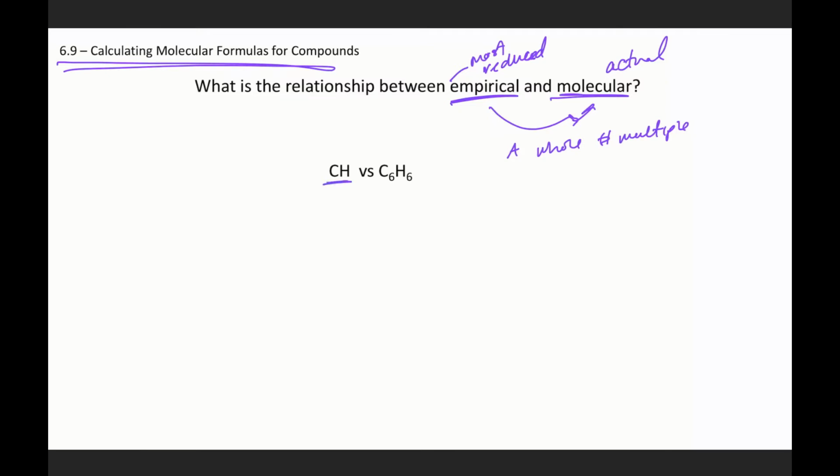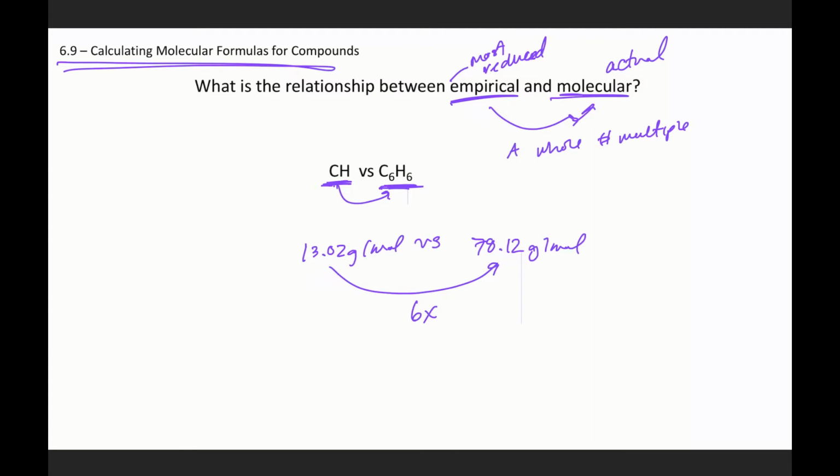So if CH is my empirical formula and C6H6 is my molecular formula, then if I divide both by 6, I'd end up at CH. Now, if I multiply my atoms by 6, clearly my mass would multiply by 6. If I take my CH, one C and one H, I'm going to end up at 13.02 grams per mole. If I look at my C6H6, I get 78.12 grams per mole, which is also 6 times bigger.